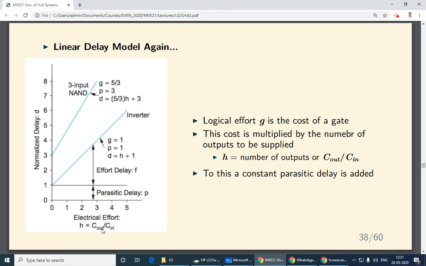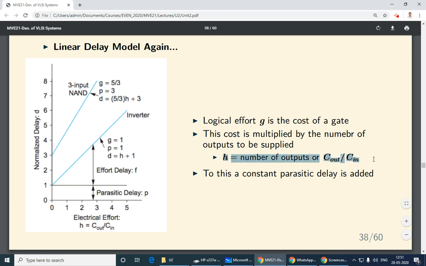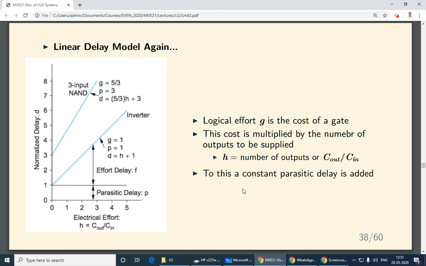The ratio of those two, C out by C in, is also called the electrical effort, or sometimes the fan out, and that is the last term H. Together it all comes together as parasitic effort plus G into H, and here we see some curves.